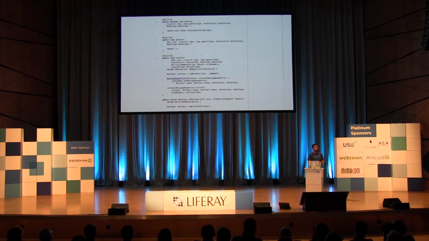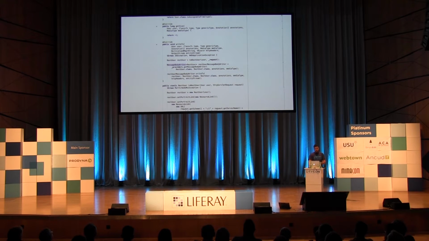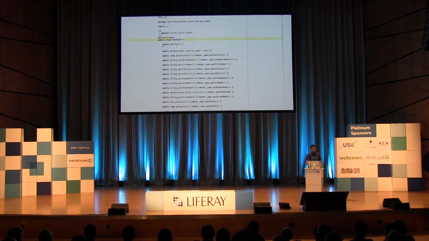So in this case, what we are doing under the hood is turning this user model from Liferay into what I call a REST user. Just don't look at all this boilerplate. It's super easy, but it's boilerplate. And I turn this into a REST user, which is annotated with this XML root element.